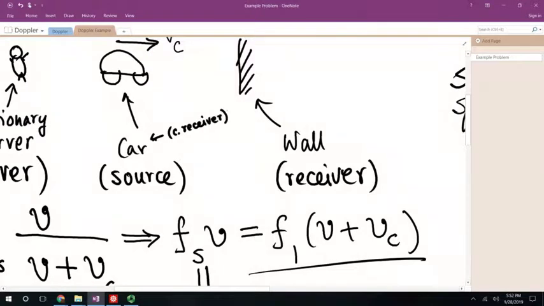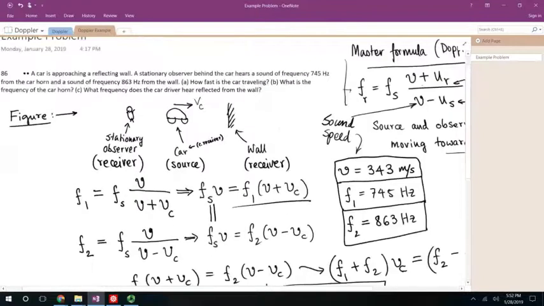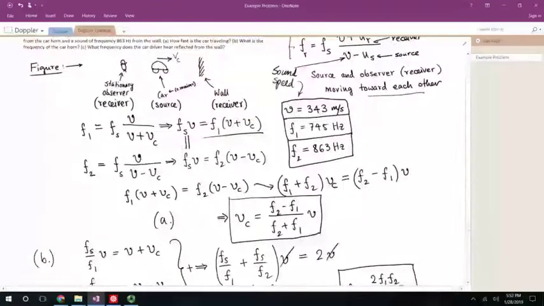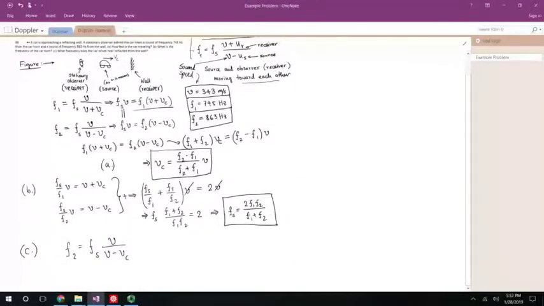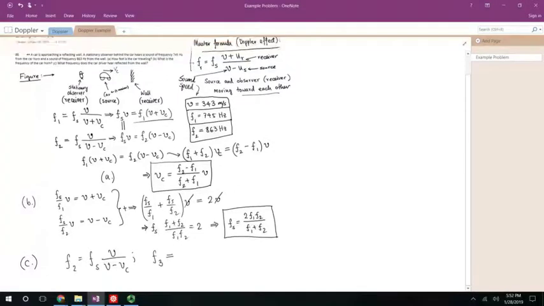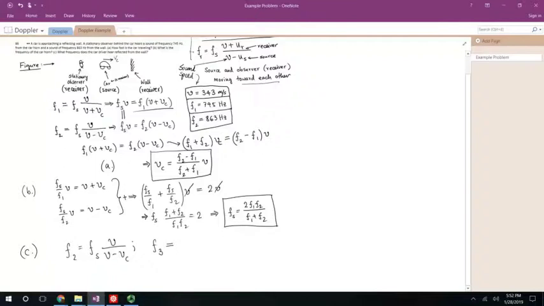So since the car is also a receiver, we have to again invoke our master formula. So this time, let's call this new frequency F3. So F3 is the received frequency. And what is the source frequency? It is what the wall is reflecting. So that's going to be F2.